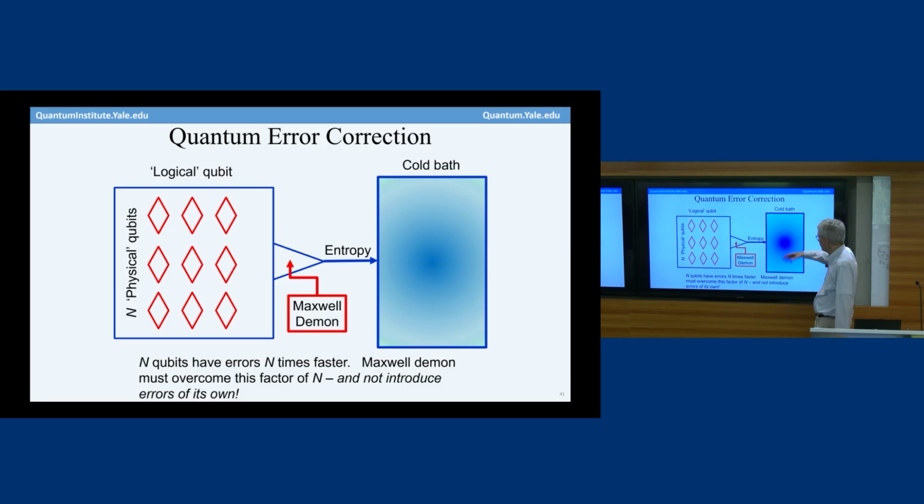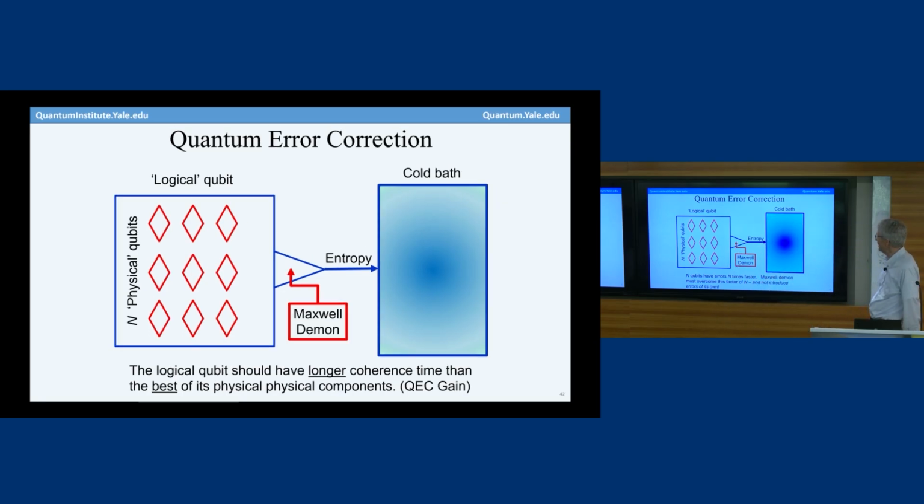Just because you turn on the error correction and it gets better doesn't mean that you're gaining, because you have to get past that factor of n just to break even. Okay? This is why it's very, very hard. Okay, so yeah, so that's error correction gain. It's the same thing as we discussed in the classical case.